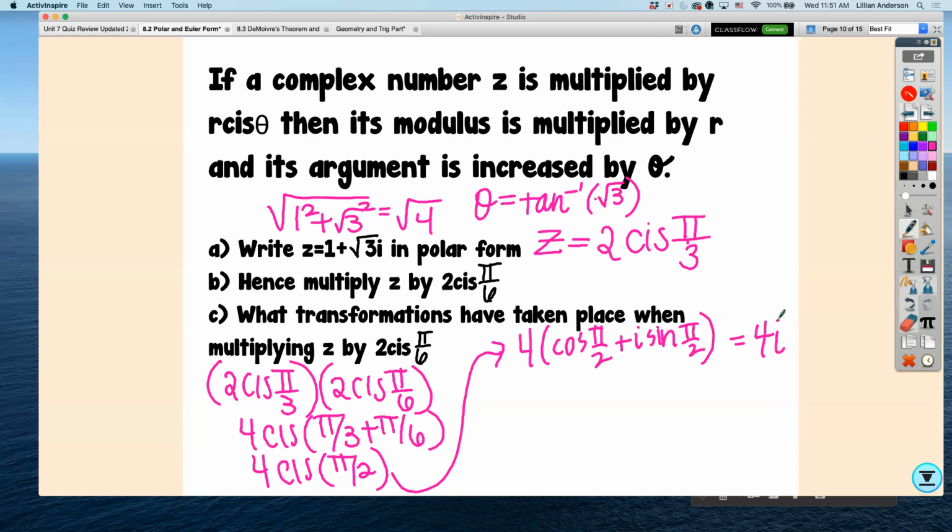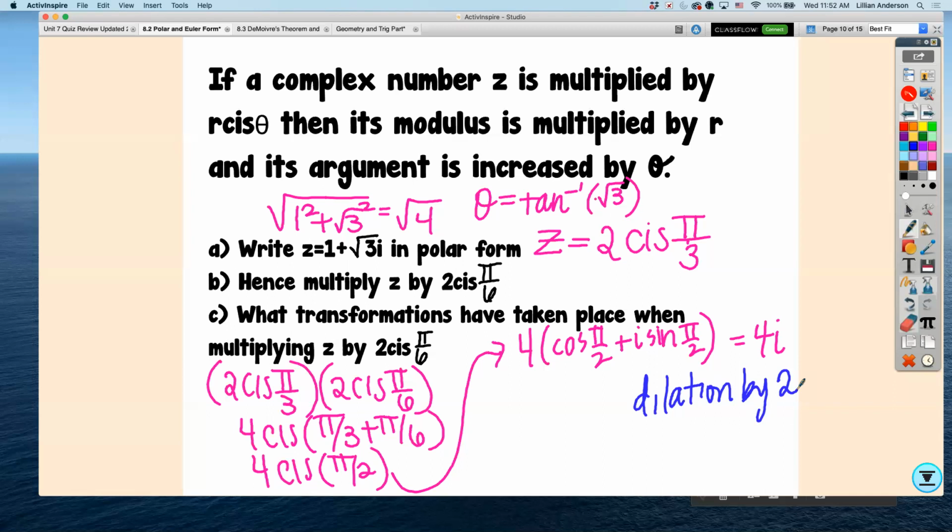Or if you want, you can look at it as 1 plus root 3i. What happened? So dilation by 2. How'd you get 2? Originally 2 cis, and then it became 4 cis, so it's a dilation by 2.